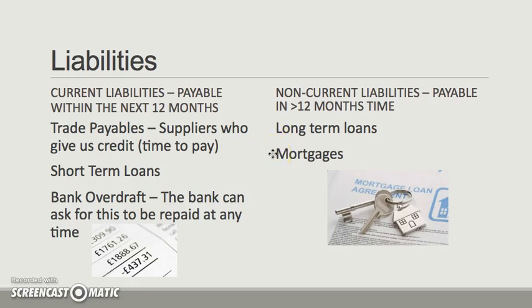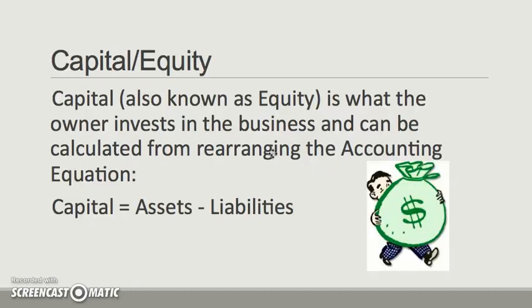So if we buy property, we have to borrow the money to be able to afford to buy it. That loan is going to be secured on the property that we bought, and therefore if we fail to repay, the bank or whoever's lent us the money can sell those premises off in order to get their money back.